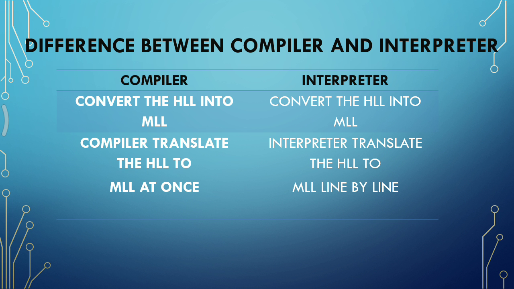That means, as the name suggests, it compiles completely, that is, it translates the statements completely at once. An interpreter translates the high level language to machine level language line by line, that is, incompletely. As the name suggests, compiler completely, interpreter incompletely, that is, line by line.